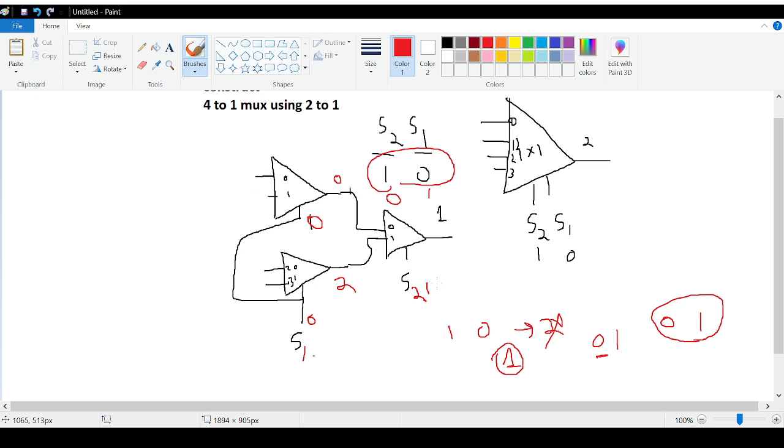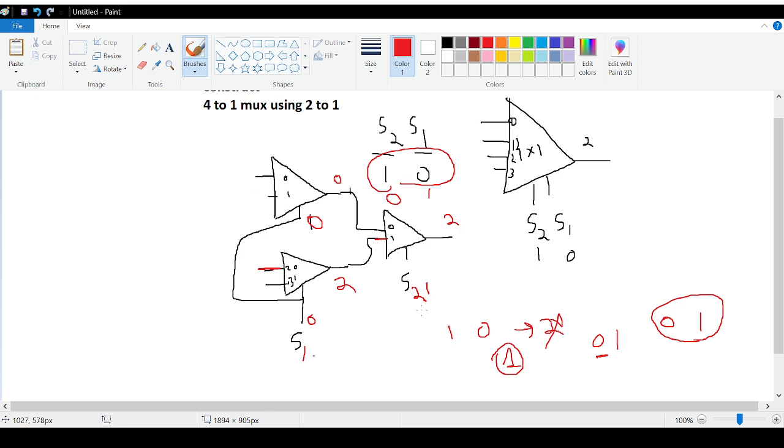And since I'm passing 1 from S2, which will be chosen from here? Line number 1 will be chosen, right? Because through line number 1, I have input number 2 passed. So whatever I pass to this part is passed to here, and ultimately input number 2 will be chosen and given as the output.